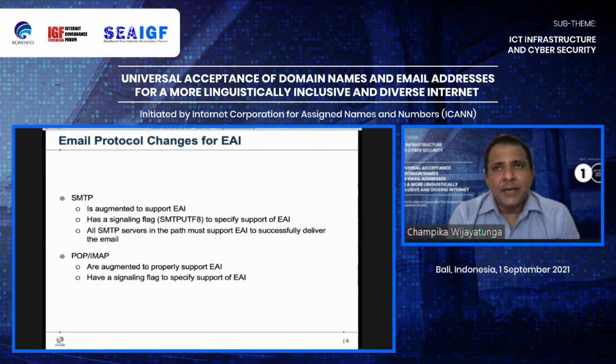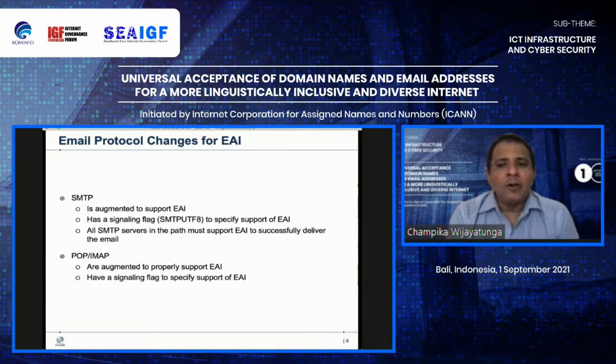Now, the key here is that when we have to support EAI, or emails in local language scripts, we need to make sure that these protocols can support EAI, which means those different components in a mail system should be able to understand EAI based emails. So that is what we are trying to tell here.